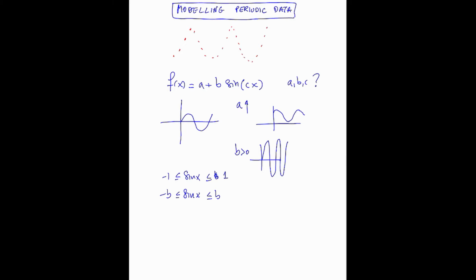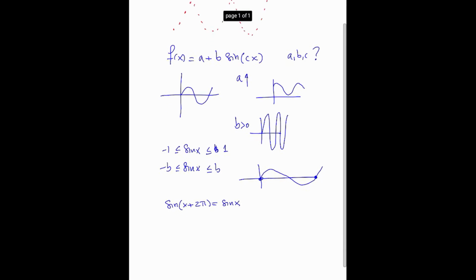And then what c does is change the period, in the sense that the sine function repeats every 2 pi. Sine of x plus 2 pi equals the sine of x. So if we put a c here, this repetition, instead of being 2 pi, will be something else. So, given some data, how do we find them?